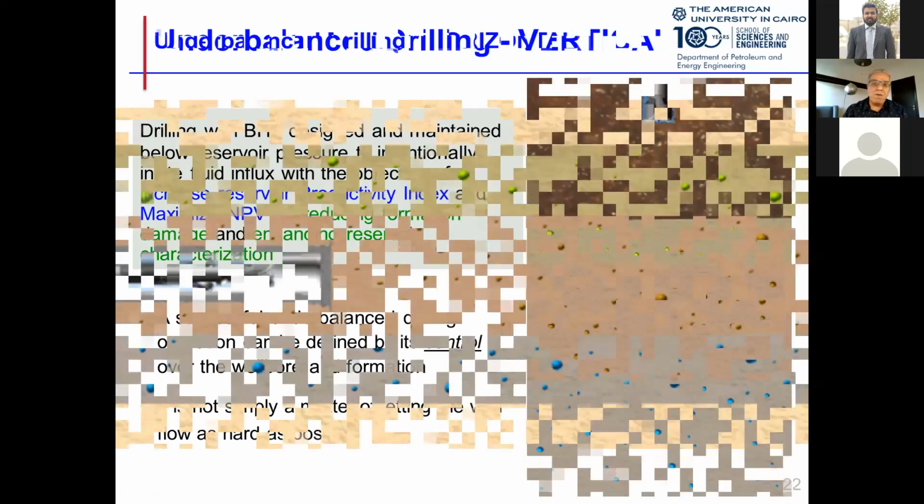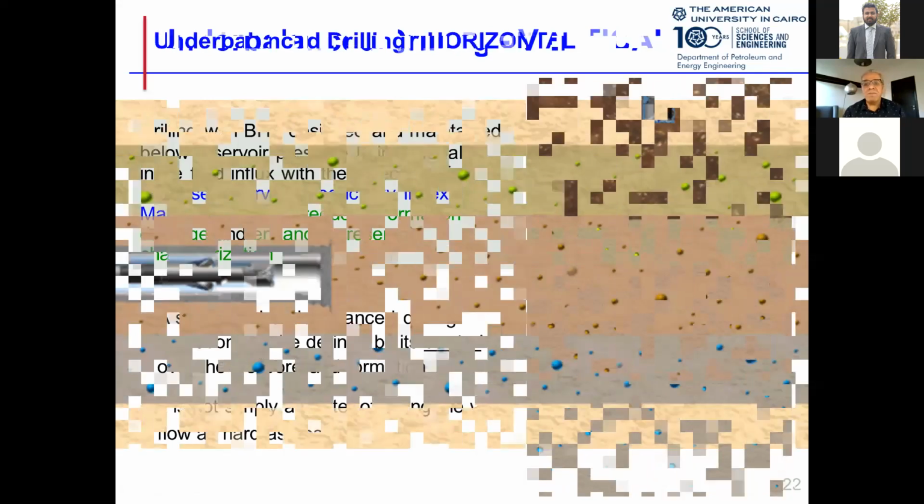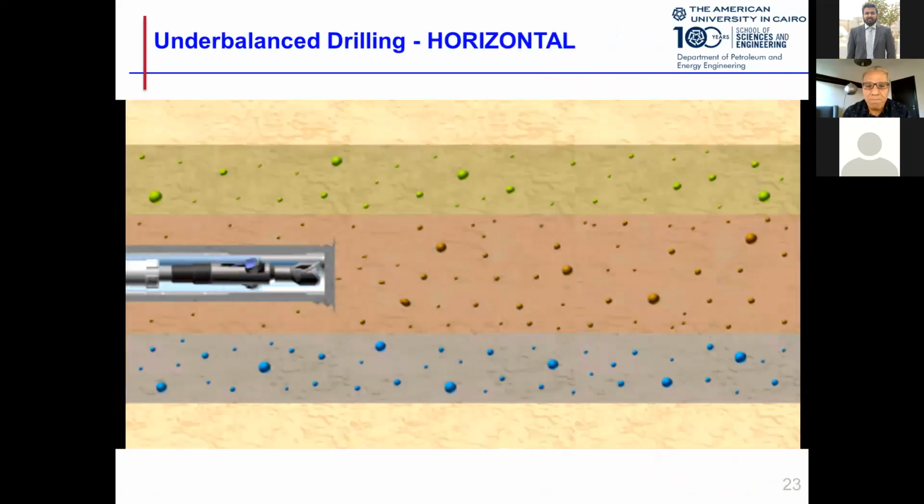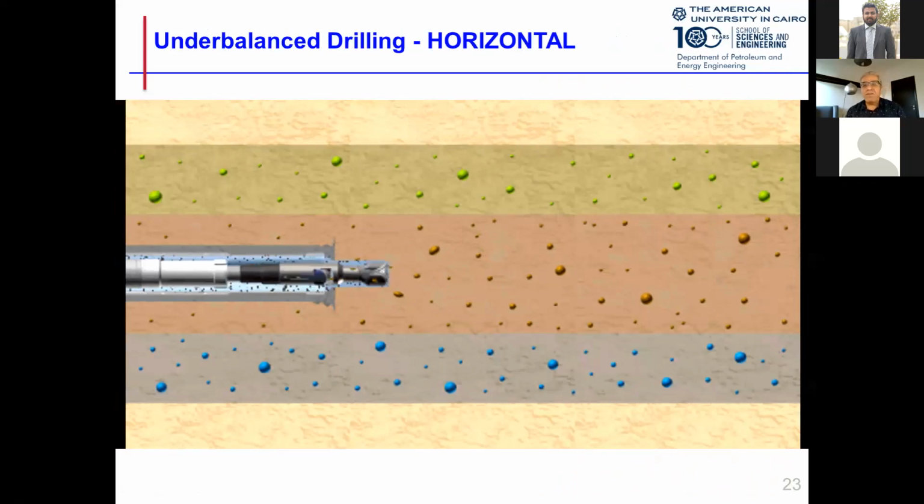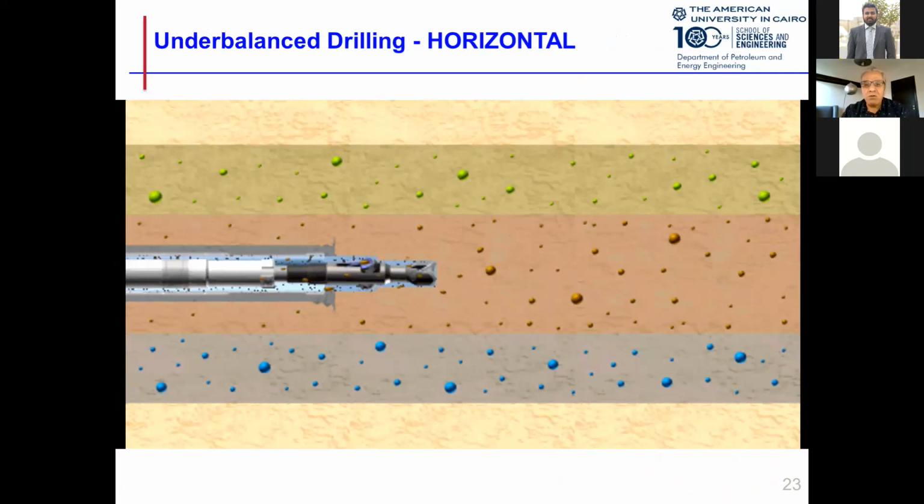The same phenomenon, my friends, can be observed in the horizontal well. If you look, when we penetrate the reservoir, again because of the differential pressure, the oil will start to flow.